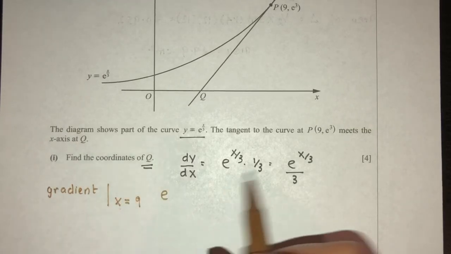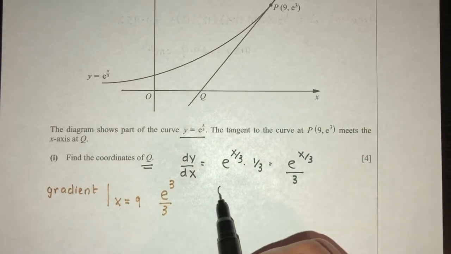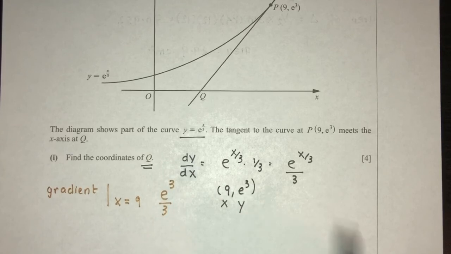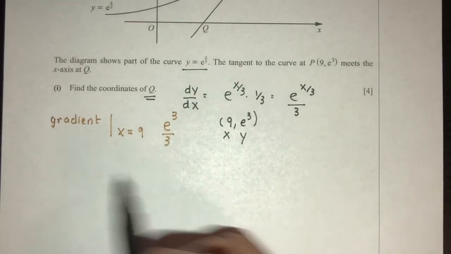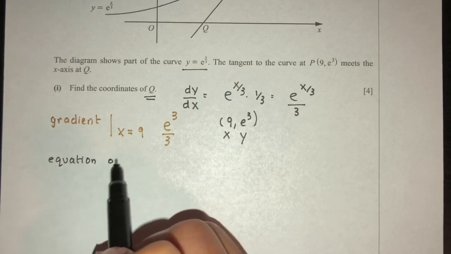That will be exponential 9 over 3, which is 3 over 3. That is the gradient. And we know the passing point already, which is 9, exponential power 3. This is x and y. Okay, so let's find the equation of the tangent.